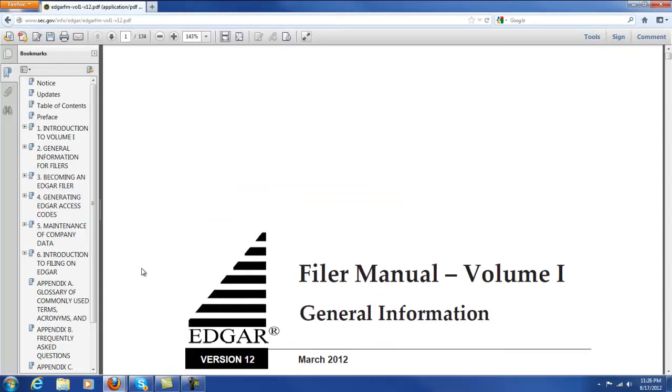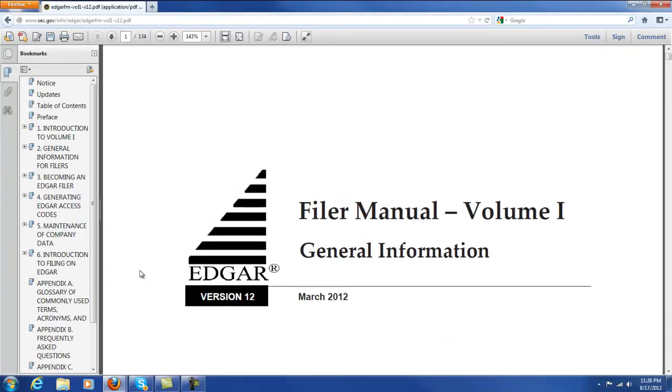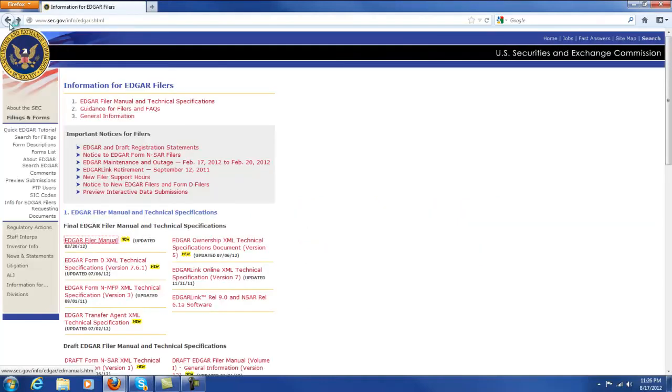This is a PDF document, which is a filer manual, only volume 1, and it's a pretty long document, 134 pages long, but it provides filers very detailed information on what to do and how to file various documents with the SEC. Because we're investors, we're not going to spend much time here, and on your own you can definitely read the manual, but for the purposes of this video, let's go back to the main page.